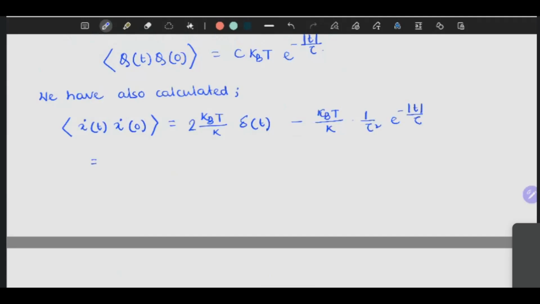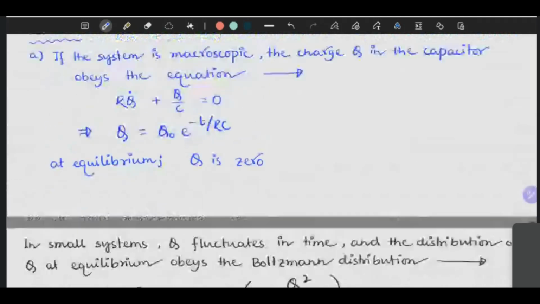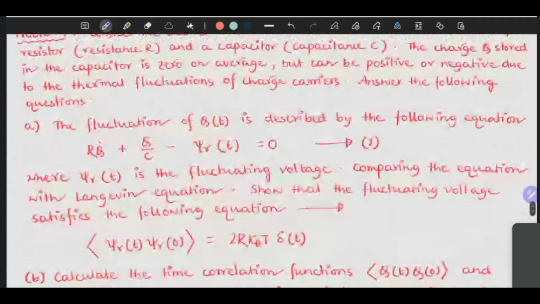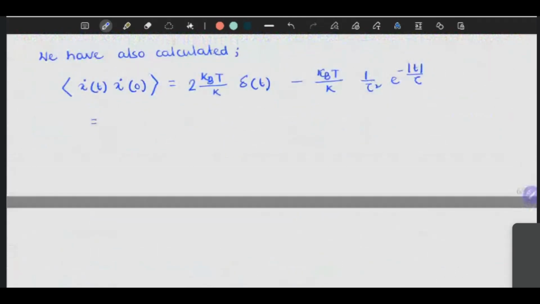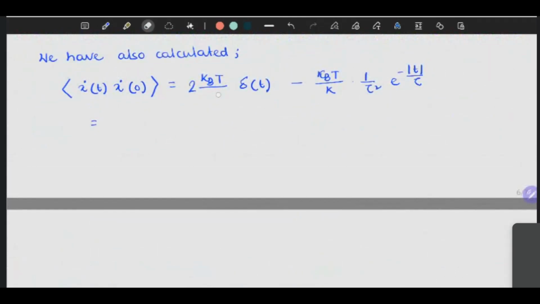So now use this relation, you can write this is kBT by gamma.